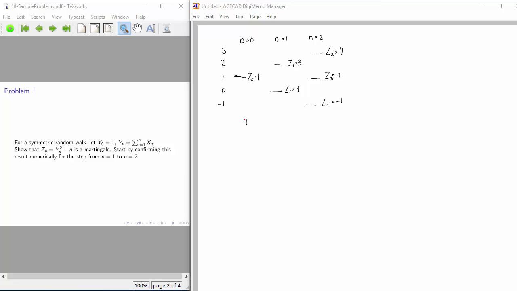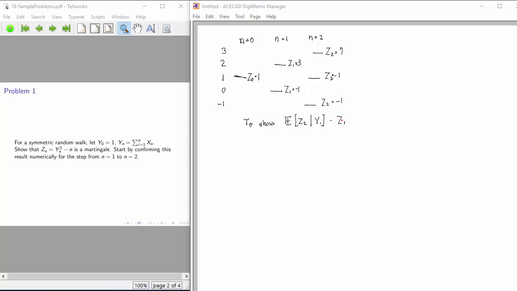What we have to show is that the expectation of this martingale, and I'm going to do it for the step from 2 to 1, so I need to show that the expectation of z2 conditioned on the value of y at 1 is equal to z1.